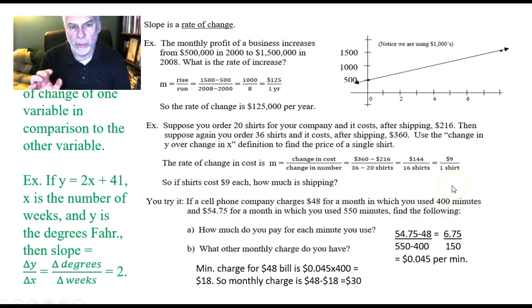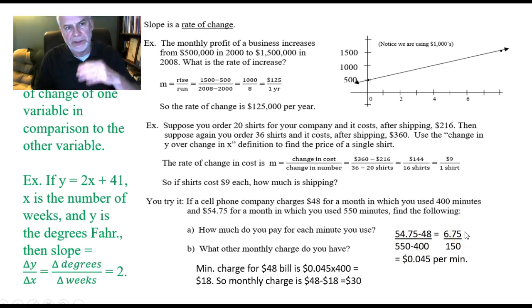All right, so I went ahead and worked out the you try it problem. In letter A, it says, how much do you pay for each minute you use? Well, if your bill for 400 minutes was $48 and your bill for 550 minutes was $54.75, the change in the bill is $6.75, and the change in the minutes is 150.